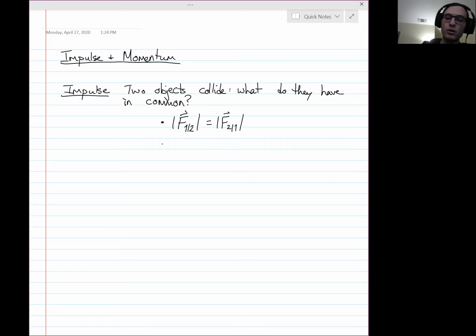We also know that the time in which the force is applied from 1 on 2 is the same as the time in which the force is applied from 2 on 1. Basically, for the duration that they are in contact and applying these forces, those times are the same, right? Because they're both touching each other. So what that means is we can define a quantity called impulse.